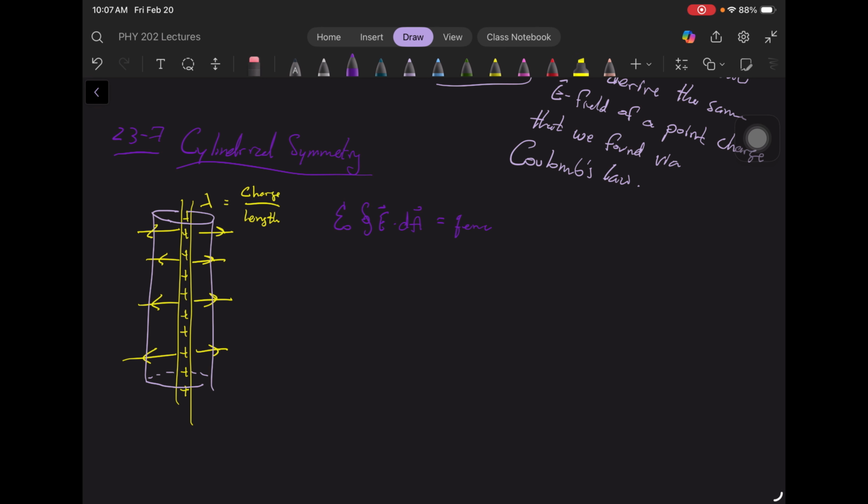Okay. And let's go ahead and say our surface has some radius r and some height h.